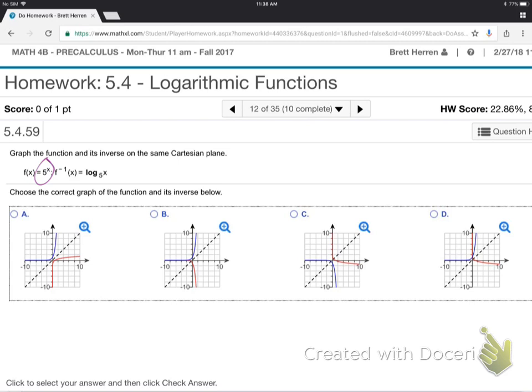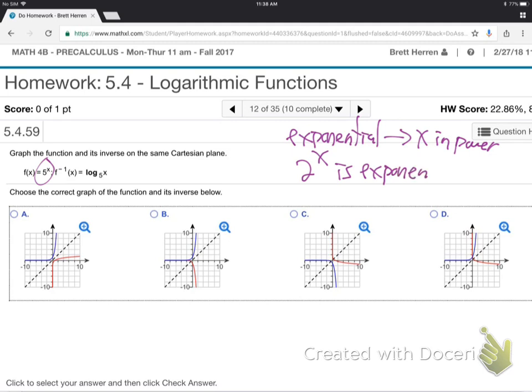That's an important word that you should know, especially for calculus. Exponential means x is in the power. So for example, 2 to the x is exponential. Is x squared exponential? No, that's not exponential. It's about x being in the power.